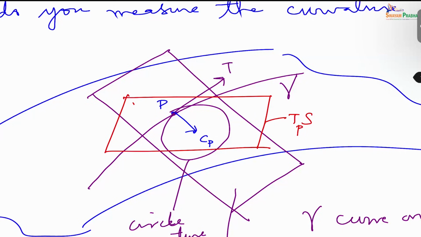Now what you must understand is that that plane and this osculating plane both have the tangent to the curve as a common line, lying in the common line. So this red plane that I have drawn is tangent to the surface at that point.